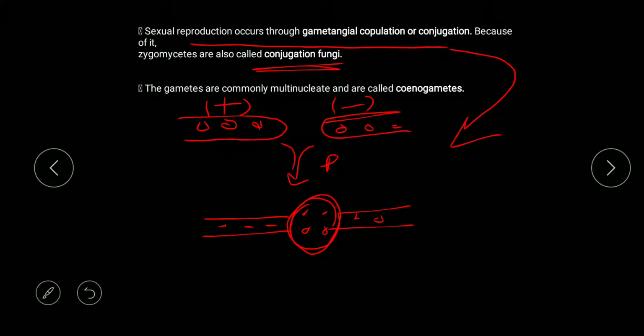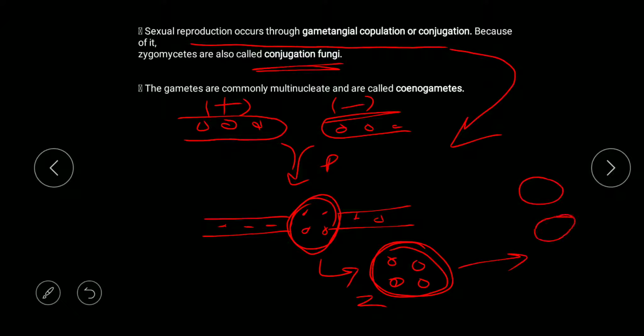Now when this multinucleated structure forms, it will form a zygote that is also multinucleated. When the zygote undergoes meiosis, it will produce spores. Those spores are multinucleated, so multinucleated spores or gametes are produced here.